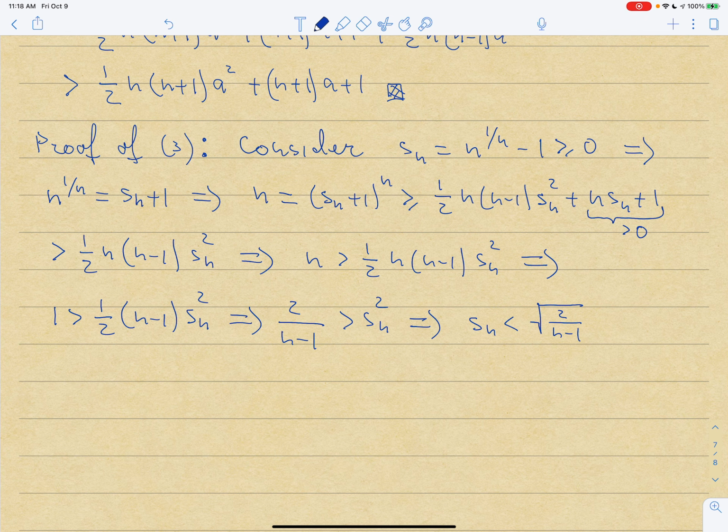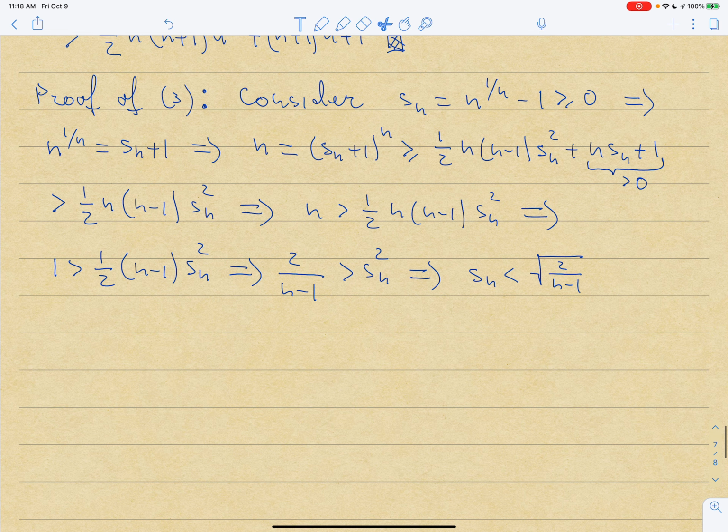And by using the definition of a limit, I can prove that this goes to 0. Let's do use the definition of a limit and prove this.